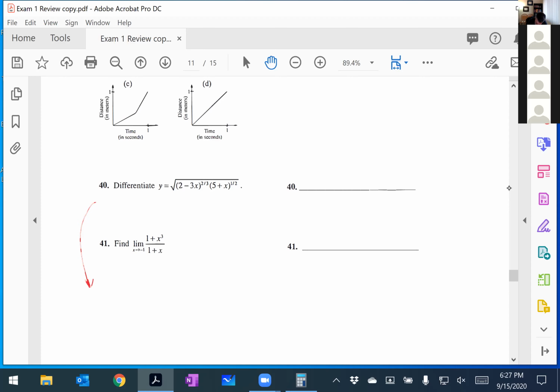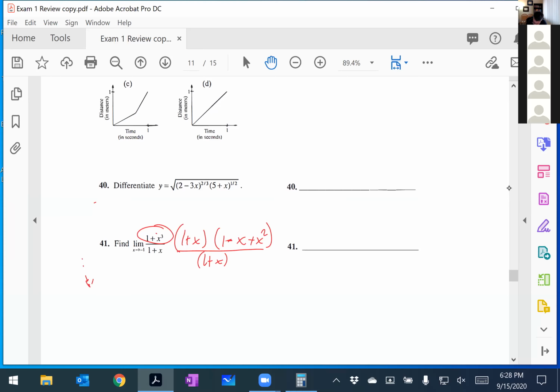This I can break up into 1 plus x times 1 minus x plus x squared, all over 1 plus x. I can break it up because it's factorable.